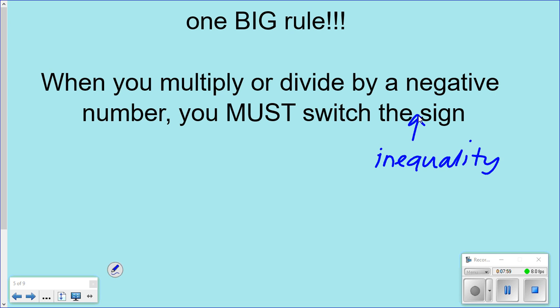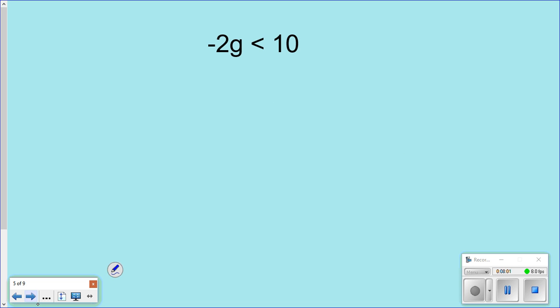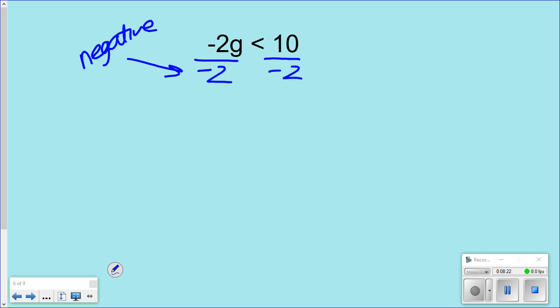Okay, so here's an example. I have negative 2g is less than 10. Now you all know how to solve the problem. What are you going to do? Divide by negative 2, right? Divide by negative 2, divide by negative 2. If this number right here is negative, switch the sign.